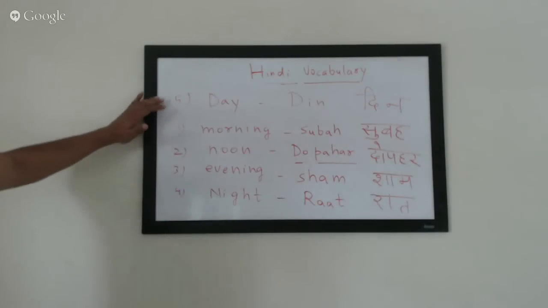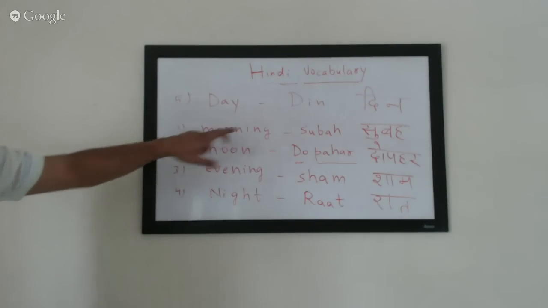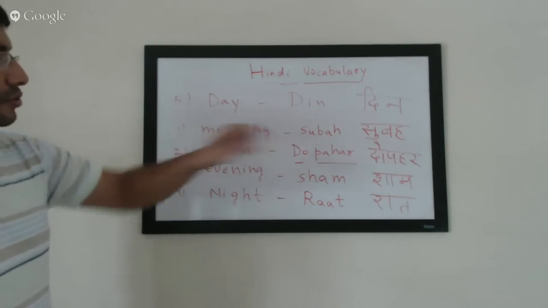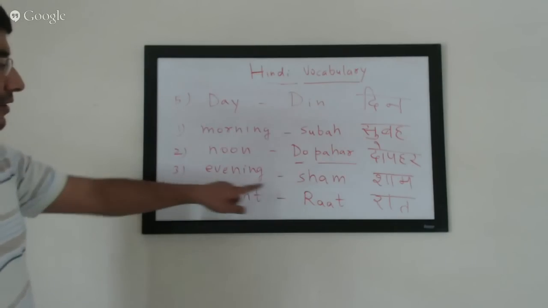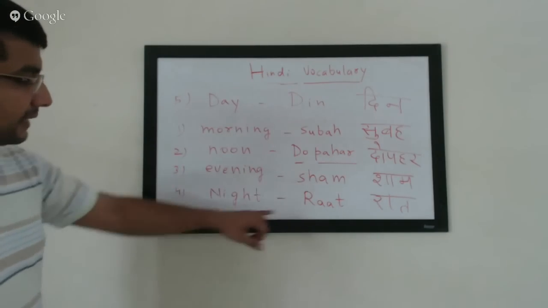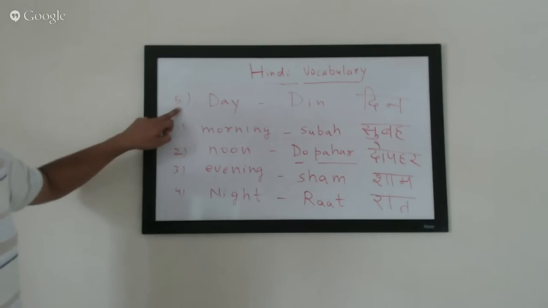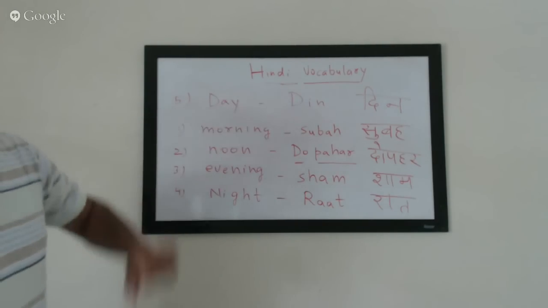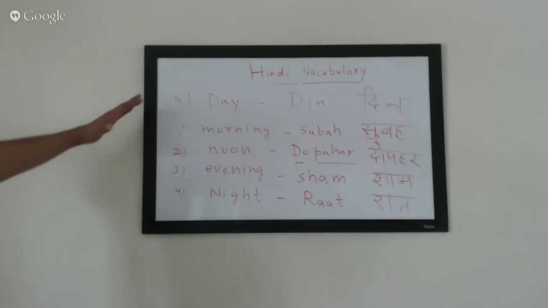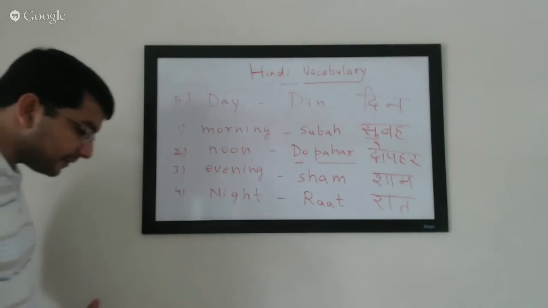So again, if I repeat, morning is subah, noon is dopahar, evening is sham, night is raat, right? And the generic word for day is din, right? So that's the second part of the Hindi vocabulary where you learn five keywords.